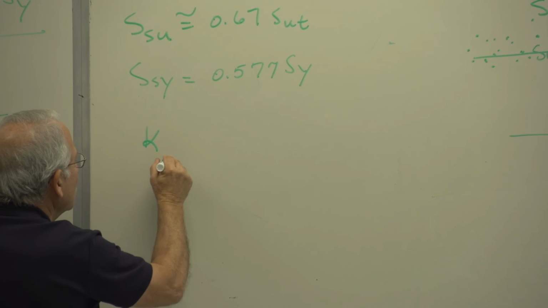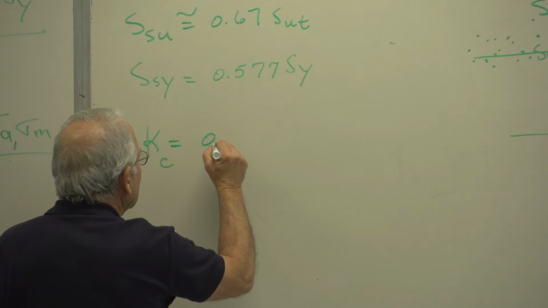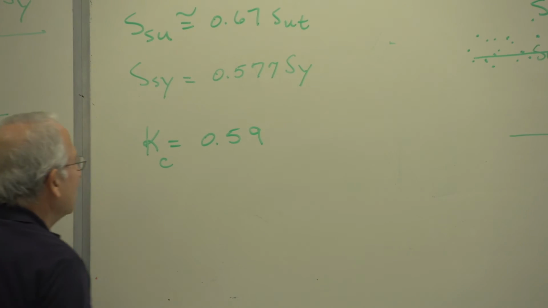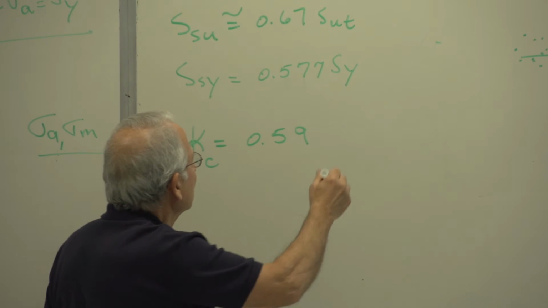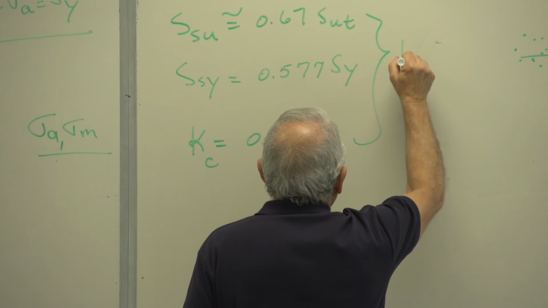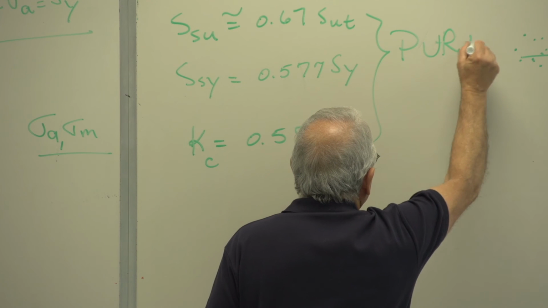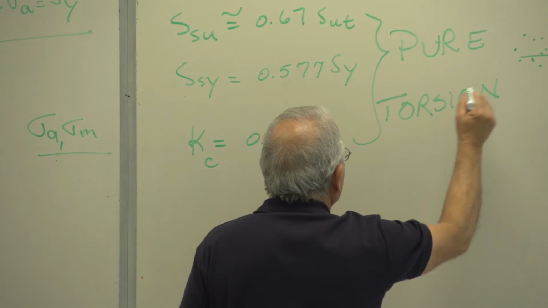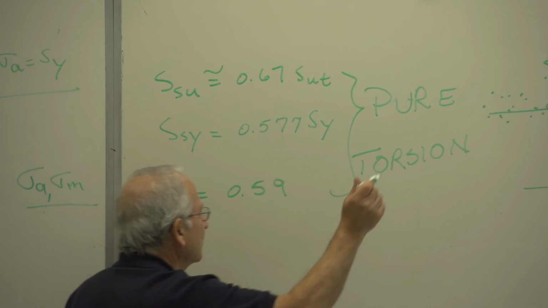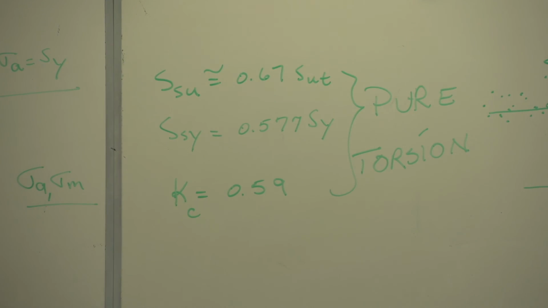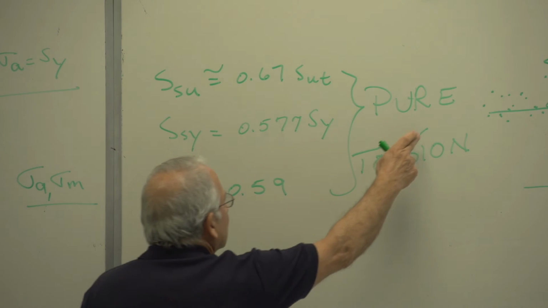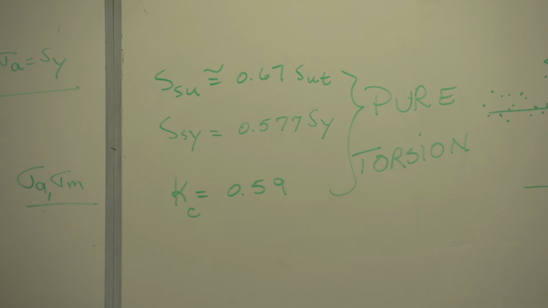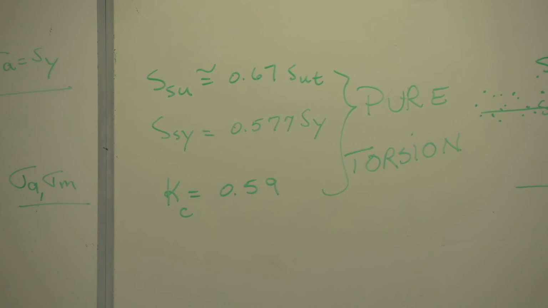And of course, you must use Kc equal to 0.59, which theoretically is actually 0.577. This is for pure torsion, not combined with anything else. But the discussion remains exactly the same. Any questions?